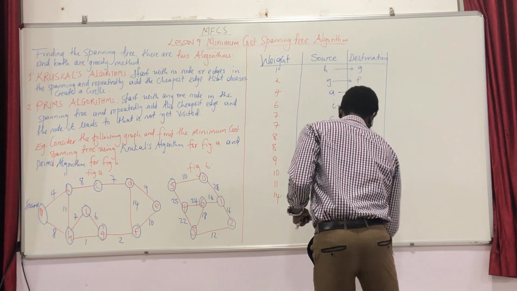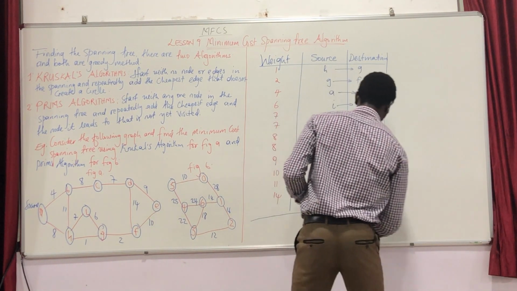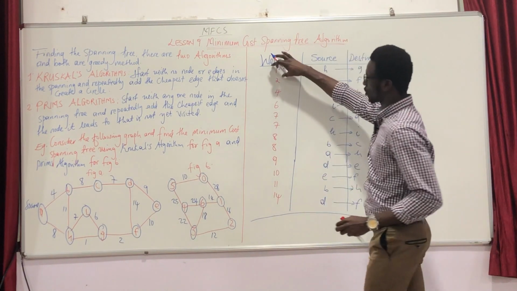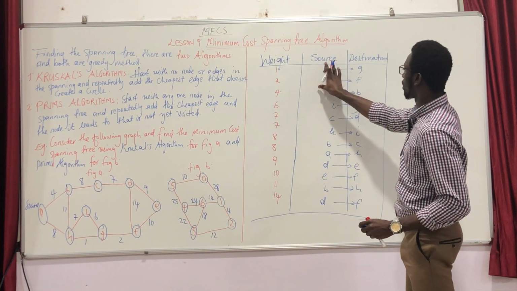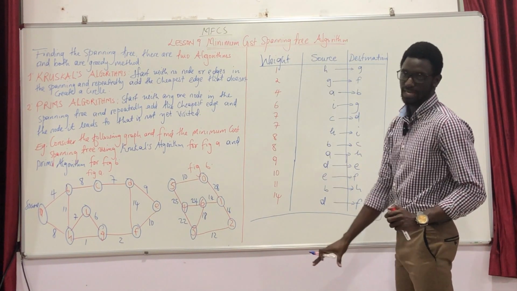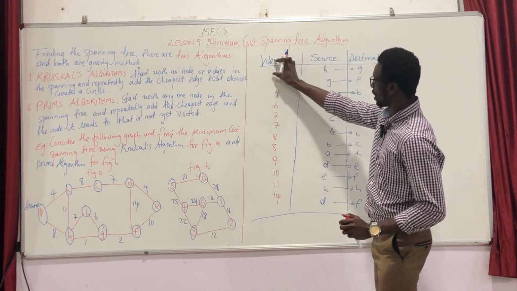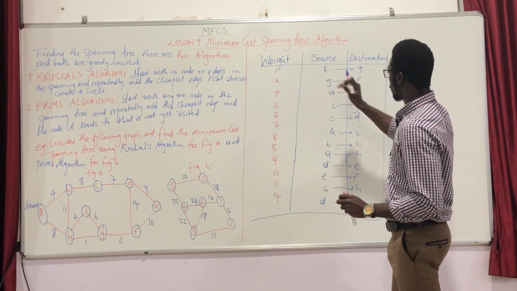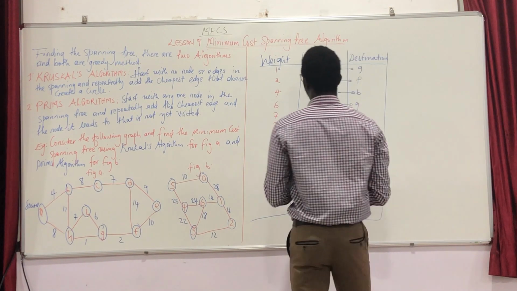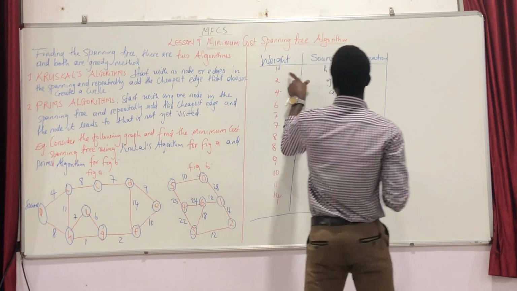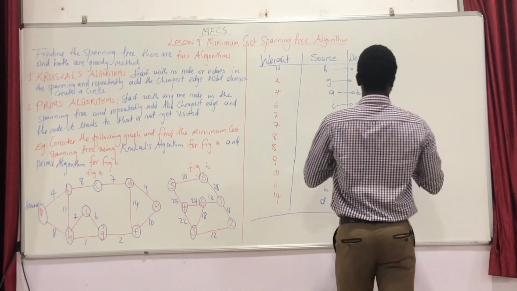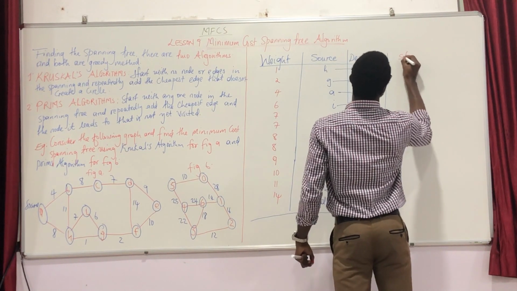From this diagram, we start from weight 1. Now we are going to consider steps. First, we take this one as step 1. So step 1, the minimum cost, is H to G.